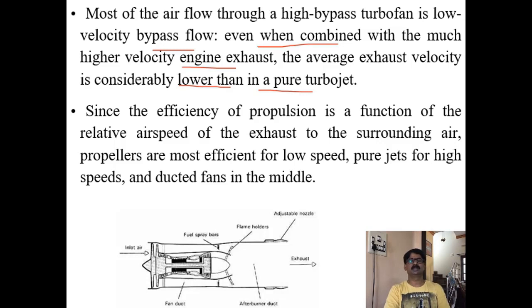Since the efficiency of propulsion is a function of the relative airspeed of the exhaust to the surrounding air, propellers are most efficient for low speed, pure jets for high speed, and ducted fans for the average speed.